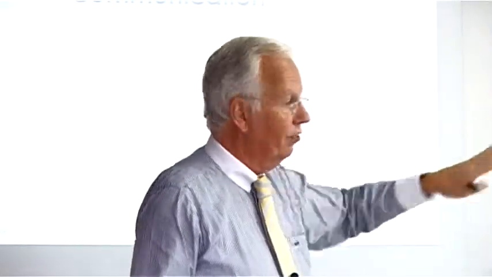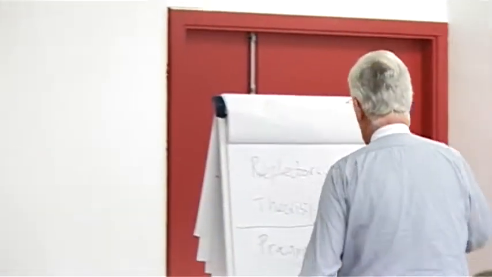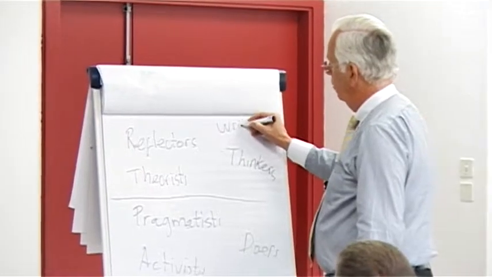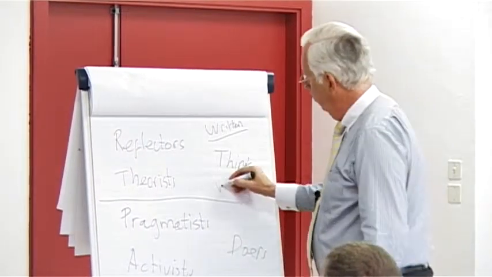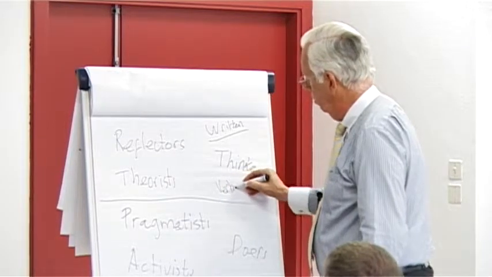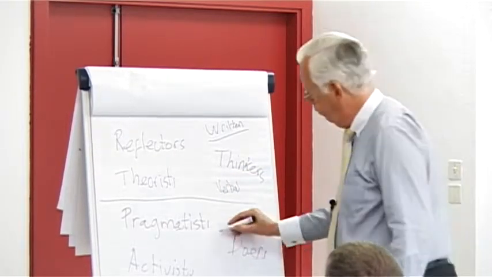Now, if you want to move a whole organization in a change process, you have to realize that you don't use the same type of communication for reflectors and theorists than you use for activists and pragmatists. In very rough terms, written communication, very nice here. Verbal communication, very nice here.